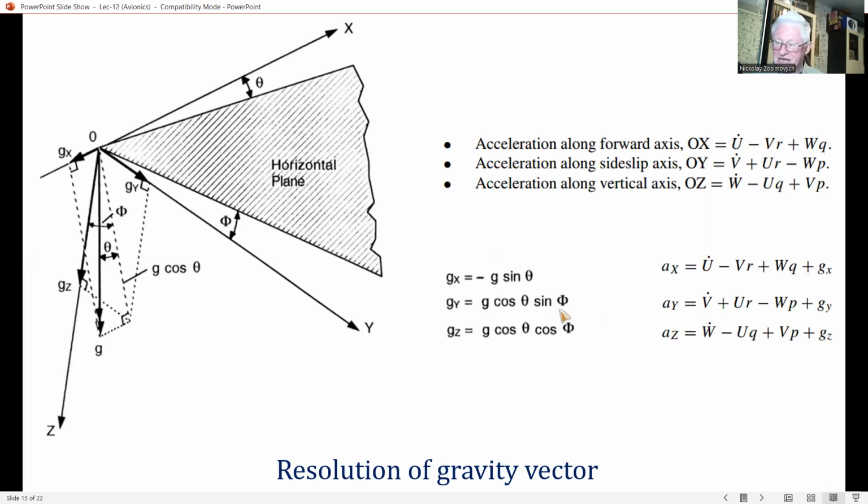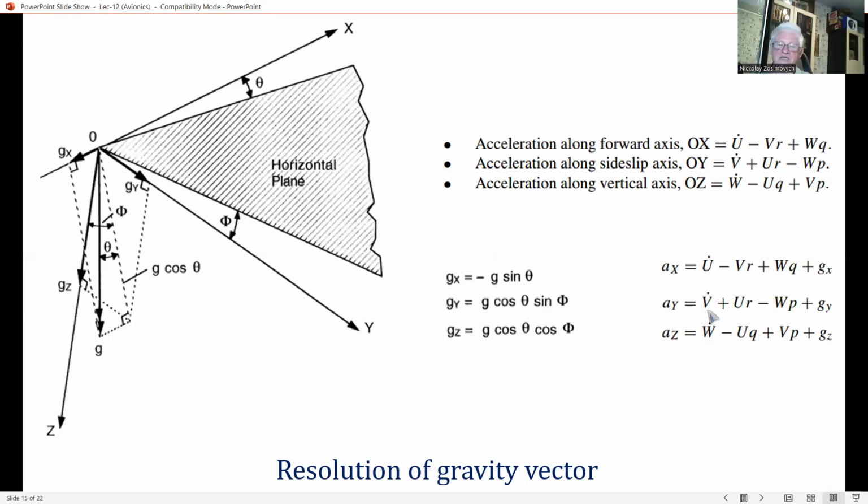So from all these equations, it can be seen that U dot and V dot can be obtained by computing the centrifugal acceleration component terms, minus V R plus W Q, and the other direction, U R minus W P. And the gravitational acceleration component terms, G sub X and G sub Y, are subtracted from the accelerometer outputs A sub X and A sub Y respectively.